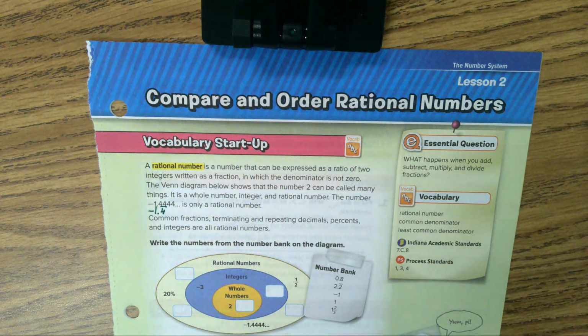Write the numbers from the number bank on the diagram. So right now I want you to take these numbers and put them where you think they belong in the Venn diagram.